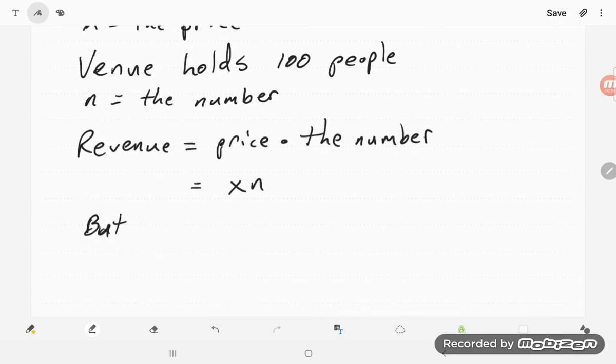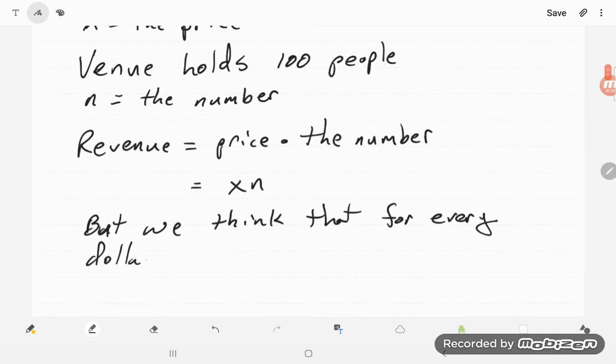So suppose we think that for every dollar... Kind of lost what I wanted to say there for a second.